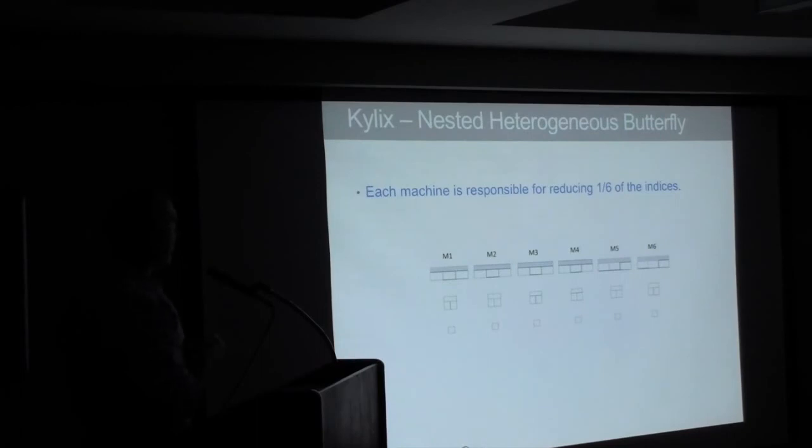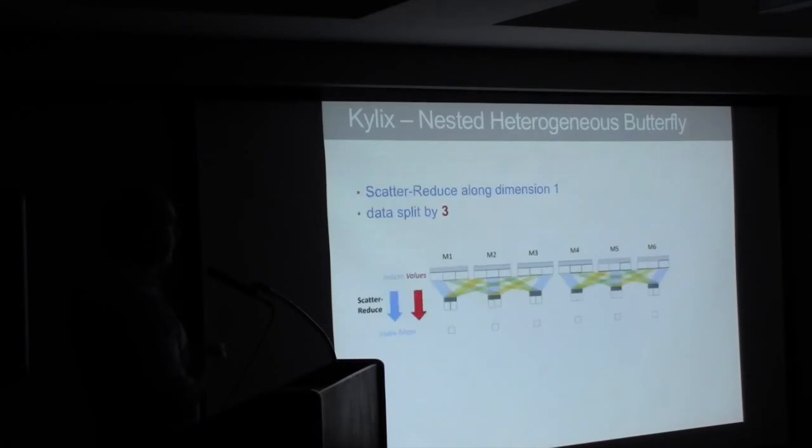In this case, we're breaking it into 6 pieces eventually, but we're going to do it in 2 rounds. Because splitting into 6 would be inefficient in this example, we first split into groups of 3.